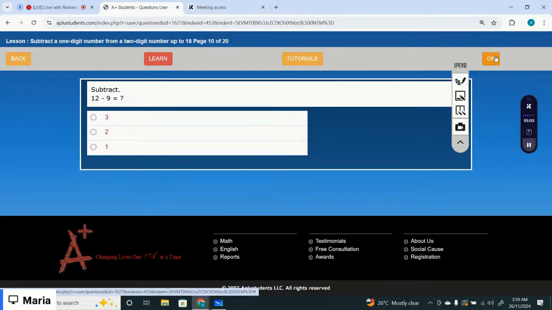The next one is 12 take away 9, which is the correct option. 12 take away 9 is 3. Option number 1 is the correct option.